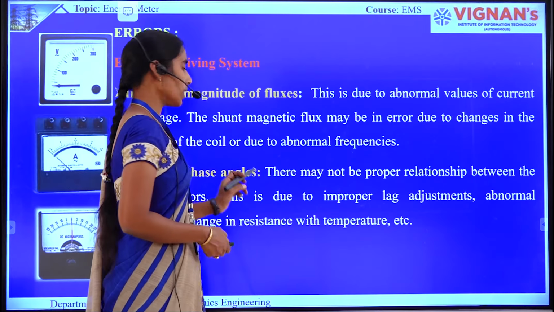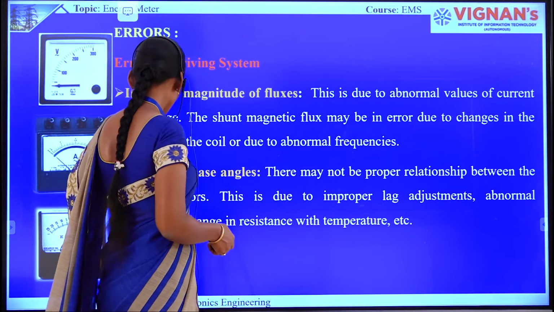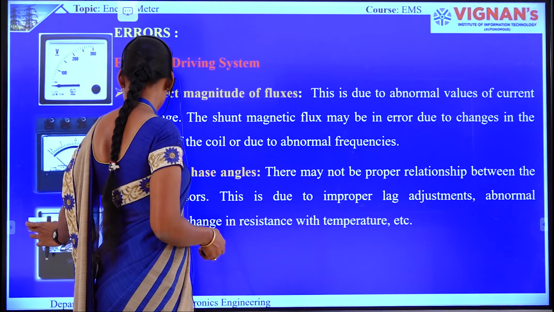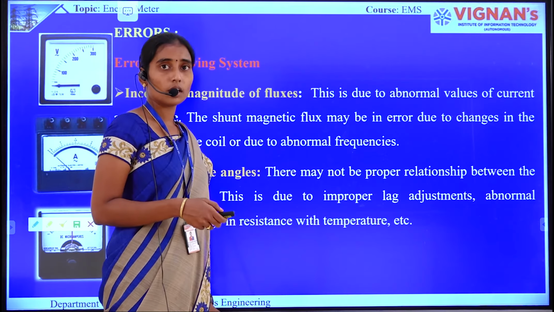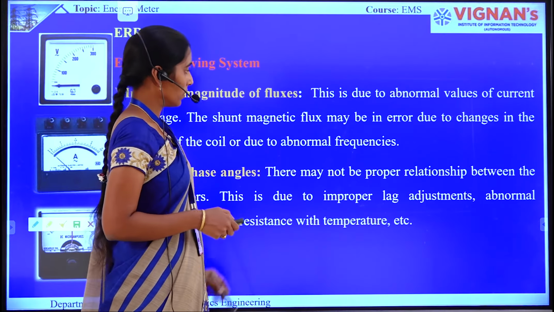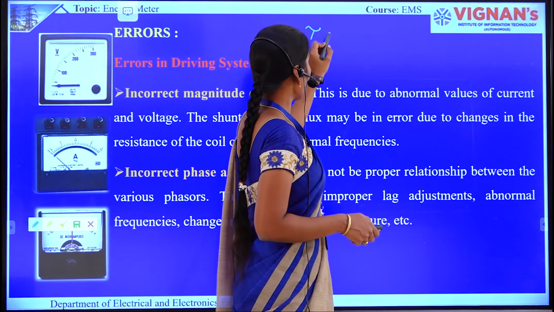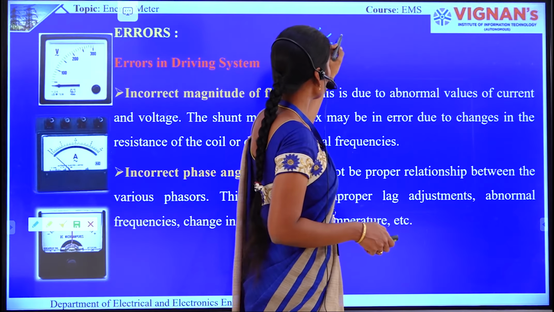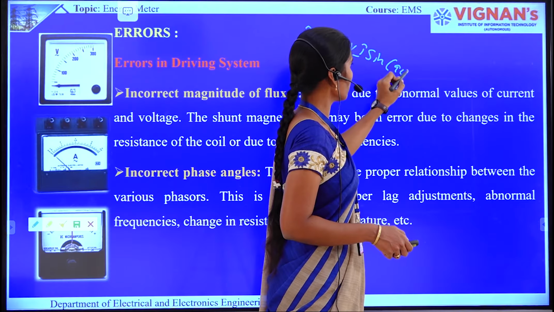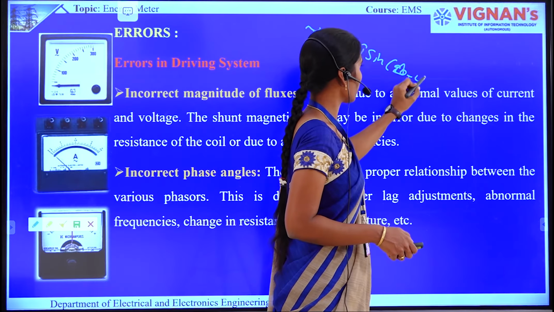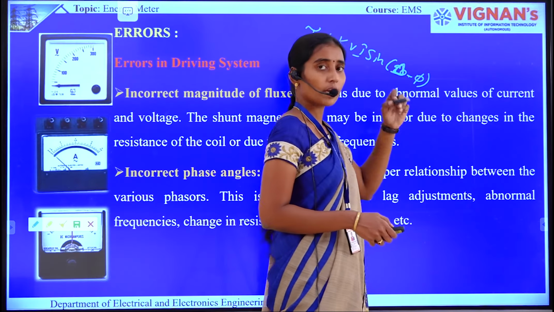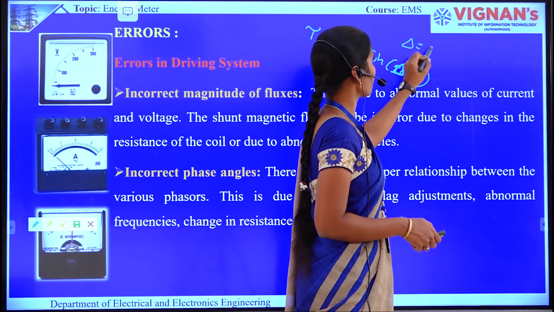And the other is incorrect phase angles. This you can understand after learning the lag adjustment. Generally the torque equation is given as torque is directly proportional to K into V I sin of 90 minus delta minus phi. What we are doing is assuming this delta equal to 90.